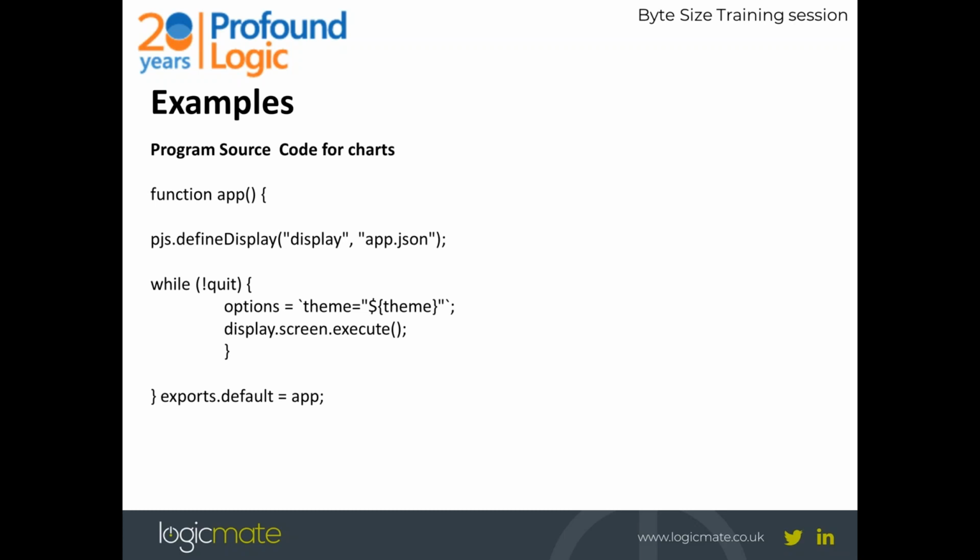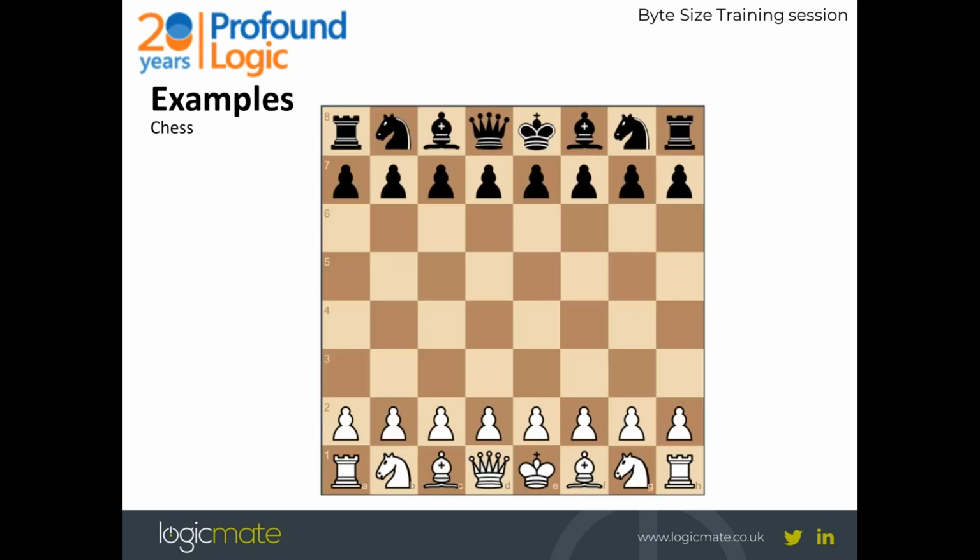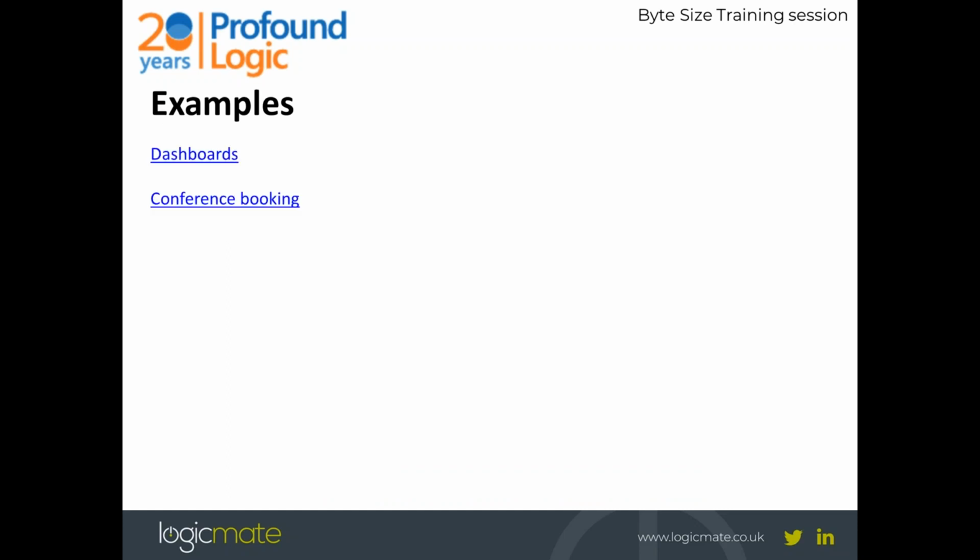So from a development point of view, using these widgets, these open source products that have already been pre-coded for you, gives you a lot less work to do, and therefore speeds up the development time when you're building your own applications. Some more examples: there's a chess function that runs on the IBM i. Not something I encourage you to use when you're at work, but from an example point of view, it is possible to run these things.